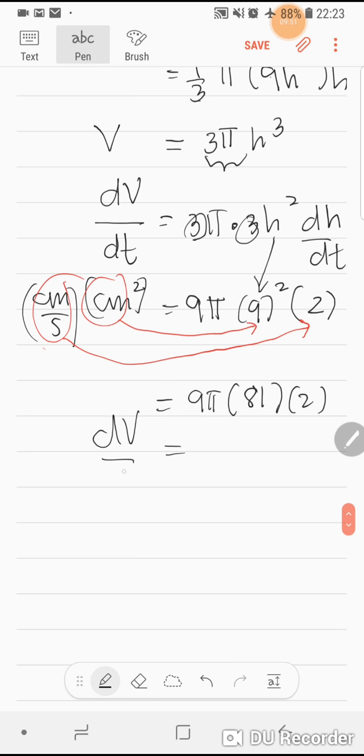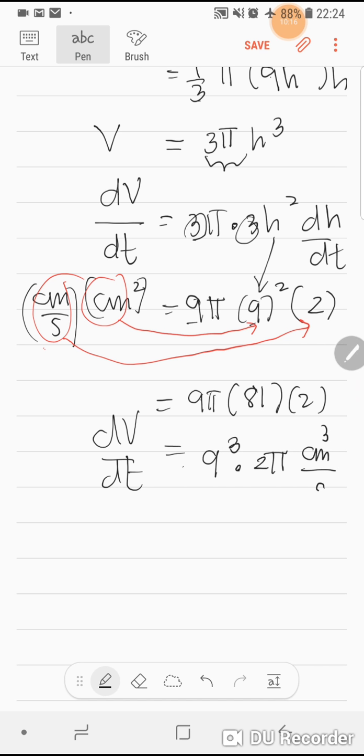Let's do it manually. 9 times 2 would be 18 times 81, or we can have a simpler approach: 9 cubed times 2 pi cubic centimeters per second. So that would be the rate of accumulation.